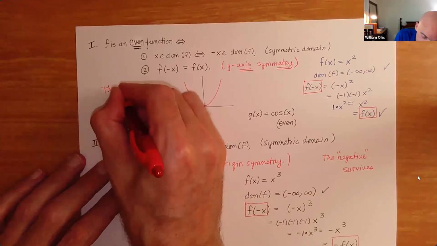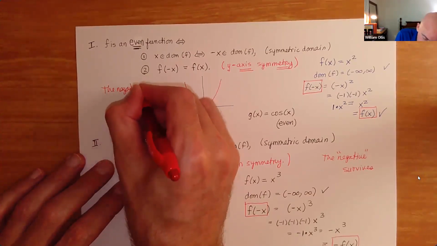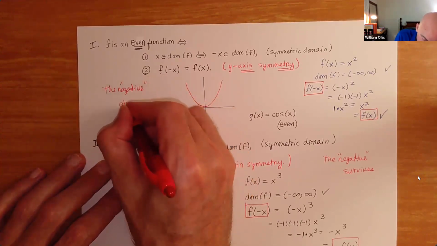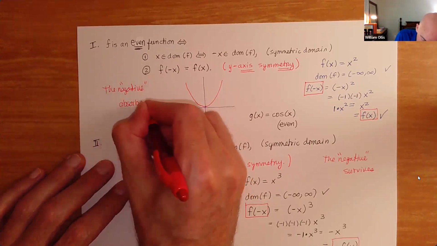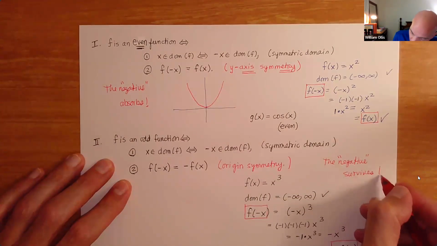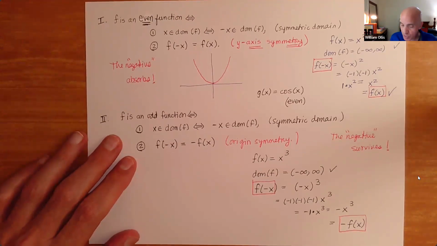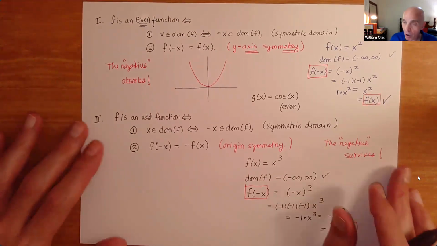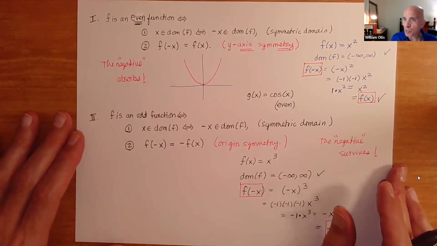For the even function, we say the negative absorbs. So this is really important. And even though these are very, very simple examples, they really are good examples to remember.